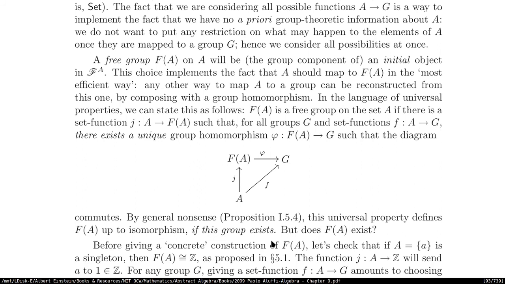And on top of that, for all the groups G and for all the functions you can take from A to these groups G, there exists a unique group homomorphism from F(A) to G such that this whole diagram commutes, right? This is the universal property in the sense that this works for every set A and any group G, and it is the key property that will let you have a free group.